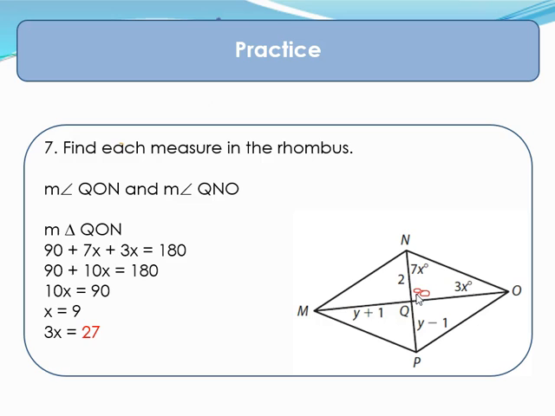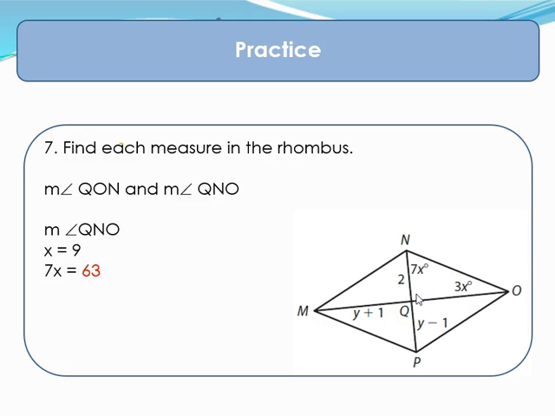And to find that angle, we can take 90 degrees plus 7x plus 3x and equal it to 180. Solve our x's, and we end up with 10x equals 90, x equals 9, and 3x then would equal 27. And that is QON, it's 27 degrees.